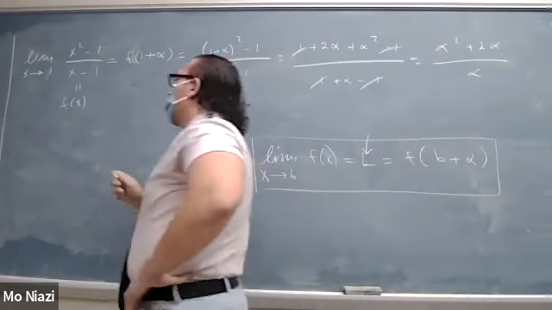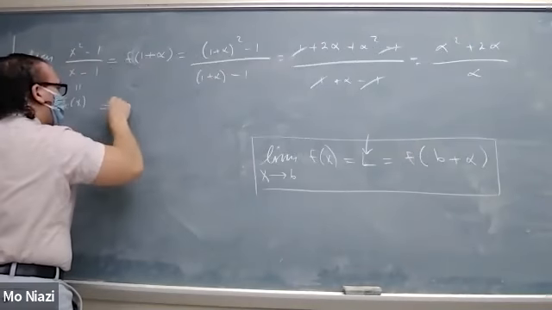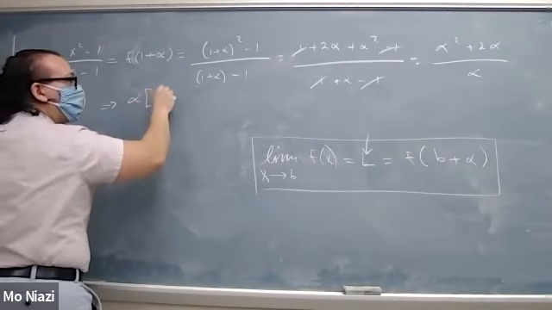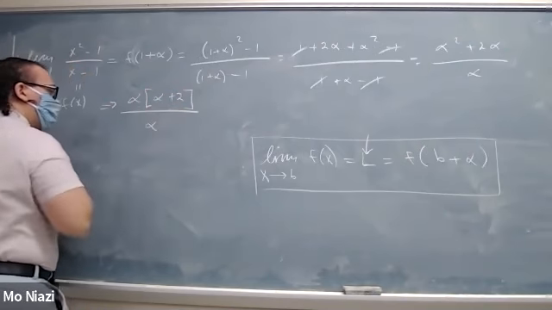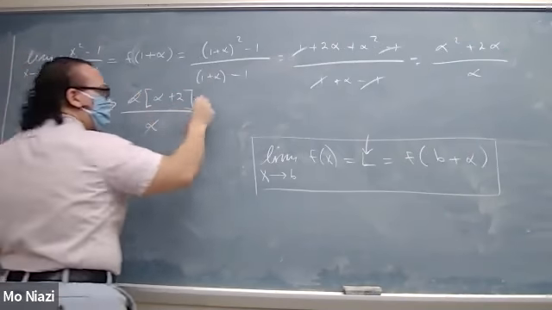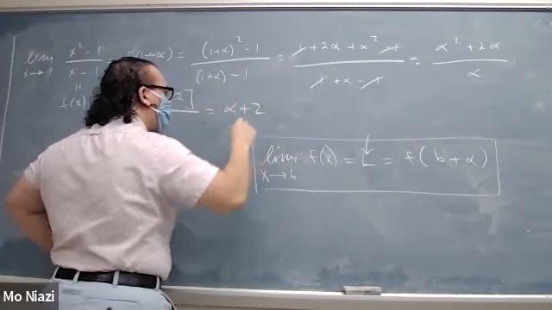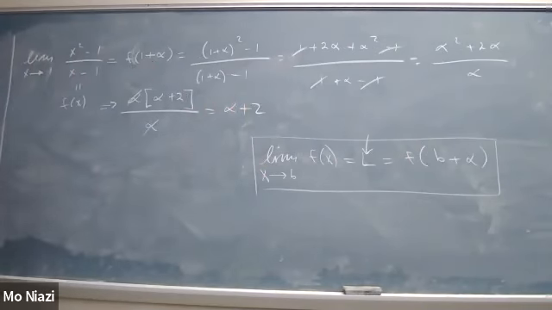Right? So then that implies we can factor out alpha from the numerator, allowing this to cancel, which gives us an alpha plus 2.